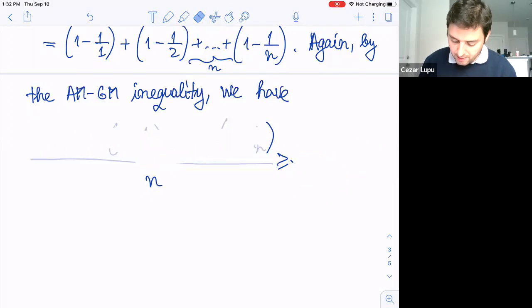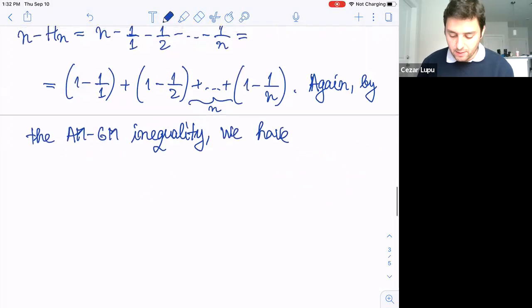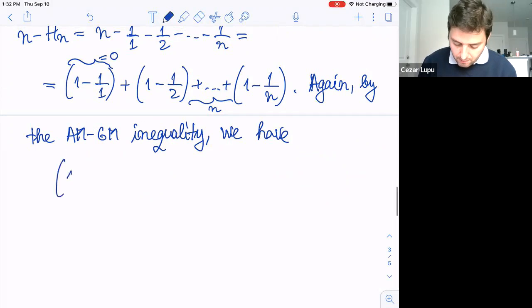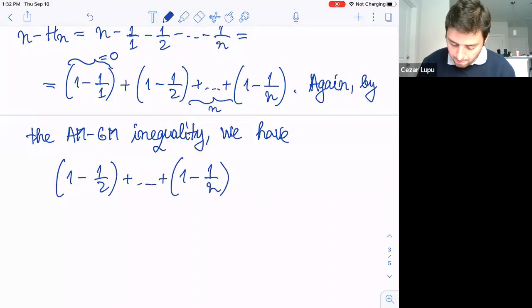Okay, let me rewrite it again. So this guy is 0 here. So instead of having n terms, I'll have n minus 1. Right?